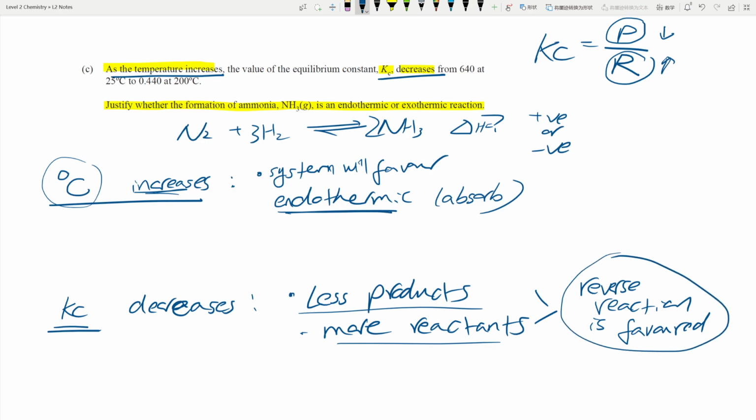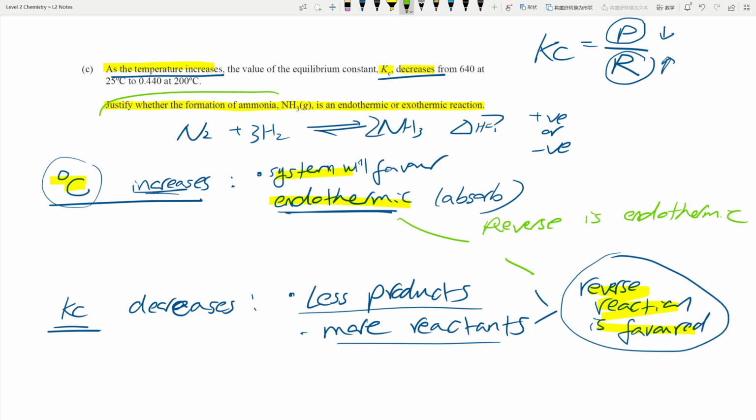So you're favoring the reverse reaction. Okay, so let's just combine them together. The reverse reaction is favored. When temperature increases, the system will favor endothermic. Combine these two together, that means the reverse reaction is endothermic. And what are they asking you?